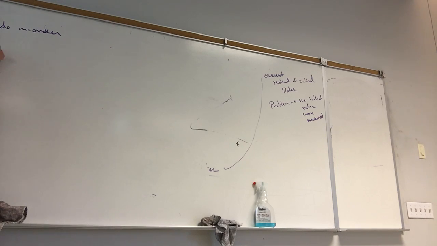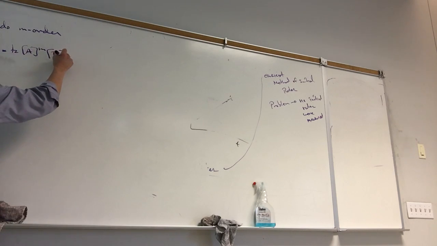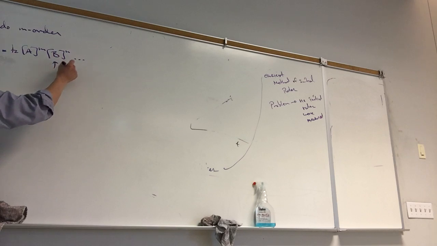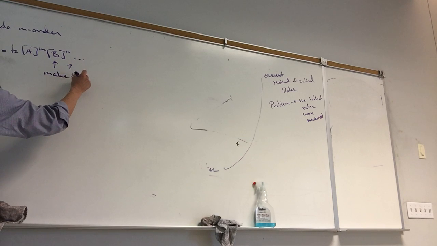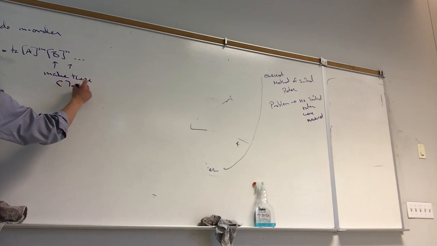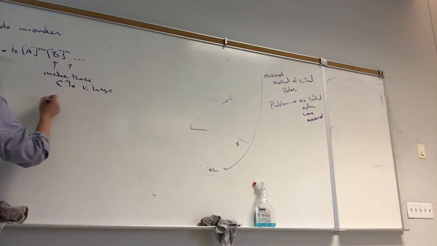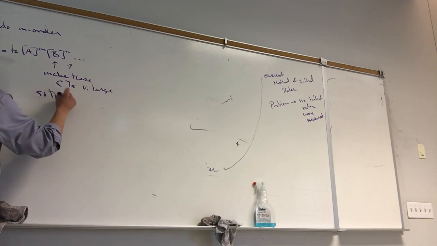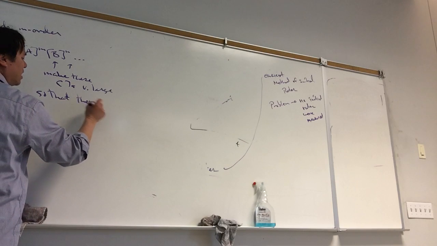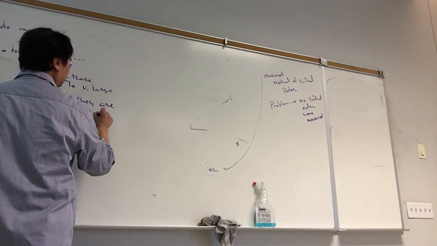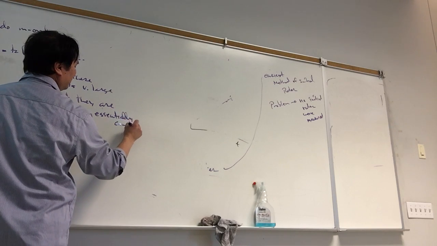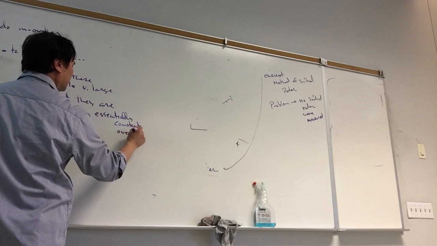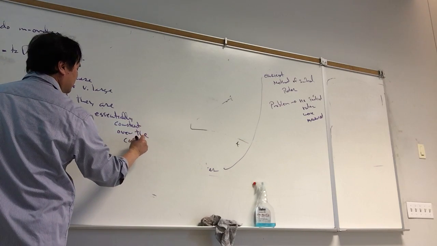If I have a rate law that's rate is equal to k, [A] to the m, [B] to the n, and so on, I make these concentrations very large so that they are essentially constant over the course of reaction.